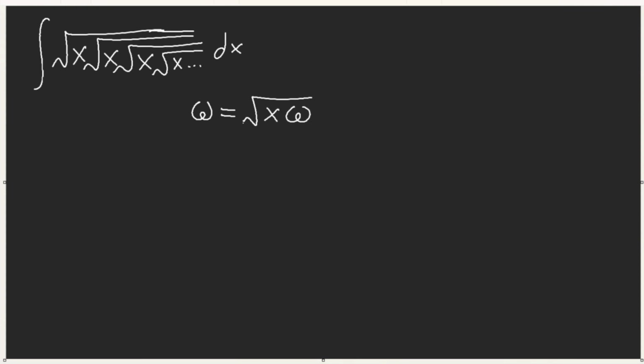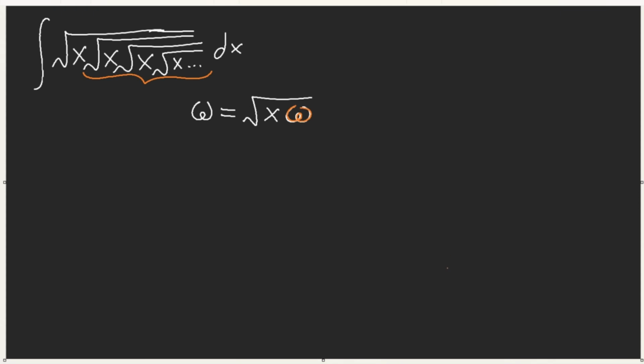If omega is equal to this whole infinite function, we can do a substitution like this, and substitute our outside into our inside. I know that sounds weird, but this is true. So pretty much this inside is equal to our outside.